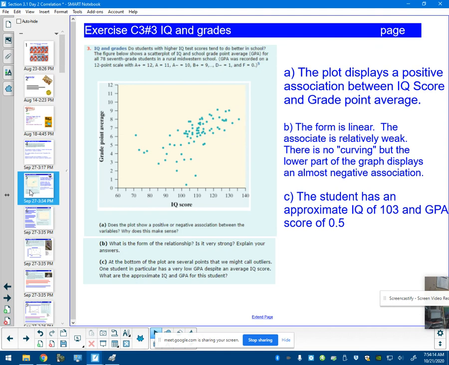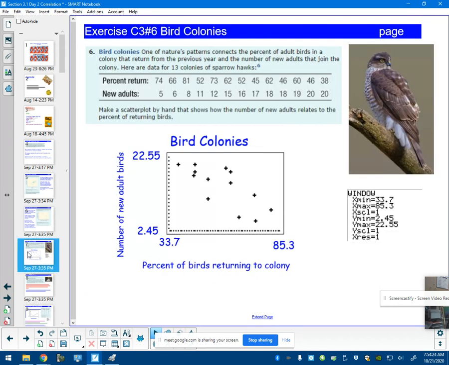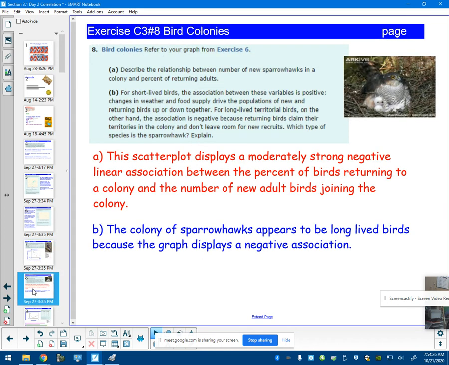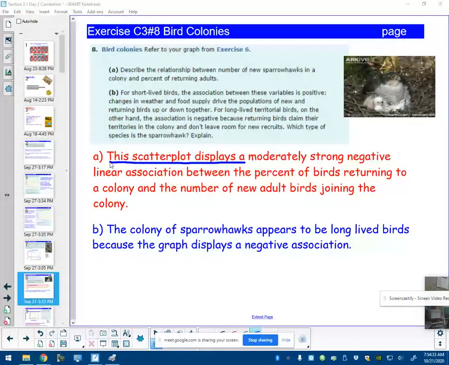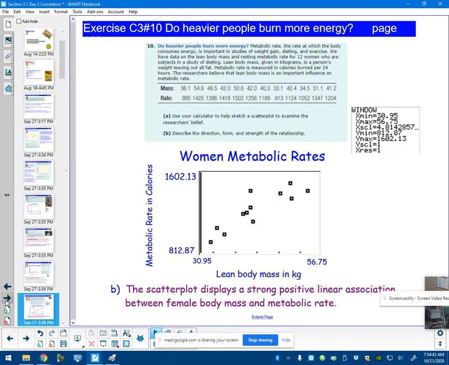So make sure for number 8A, I want our specific sentences. 8A should start off with the phrase, this scatter plot displays. And I also want our sentence somewhat, not really for number 9, because it's broken up into 3 pieces. So for 10B it should be, the scatter plot displays.